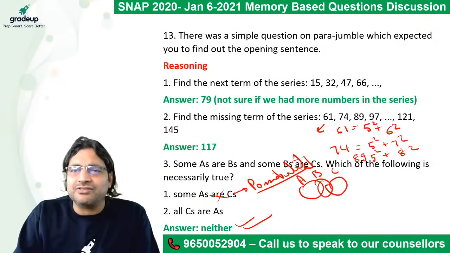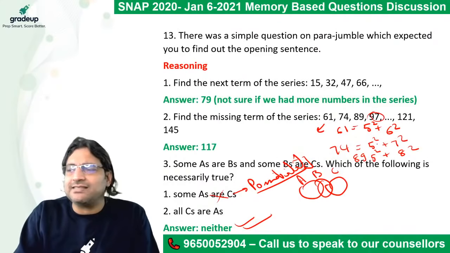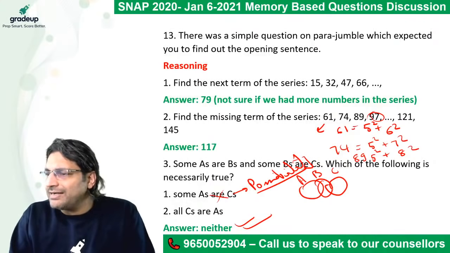So 6 square, 7 square, 8 square, 9 square. But 5 square plus 9 square, 5 square 25, so 89, but how would you get 97?